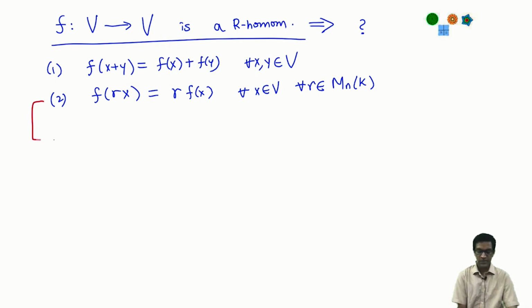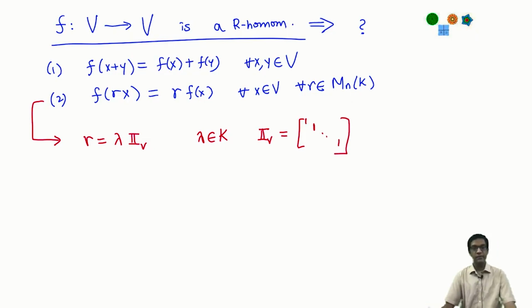In particular, let me start with this axiom 2 and take a special case. Let me take my ring element R to be the identity matrix, or more generally let me take it to be lambda times I_n, where lambda is an element of K and I_n denotes the identity matrix. So lambda times identity is the scalar diagonal matrix with all lambdas along the diagonal. Suppose I take this particular ring element and see what it implies.